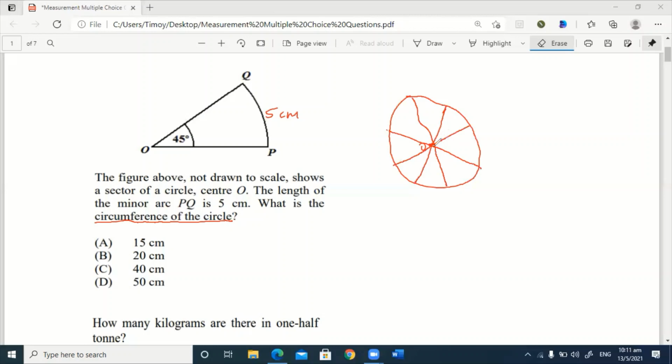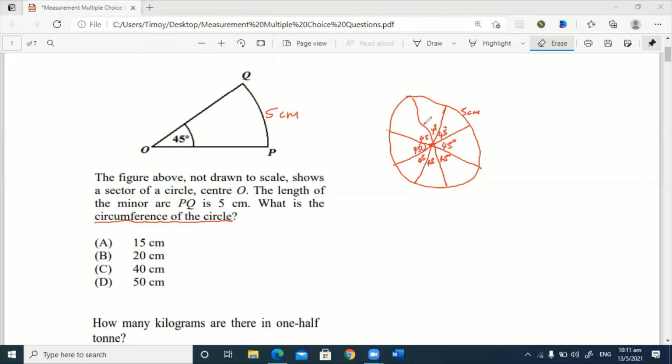So each of these angles here is going to be 45 degrees, each of them, all the way around. All right, so you realize that we would have 8 sectors in a whole that has a center angle being 45 degrees. That means each arc length here is going to be 5 centimeters.